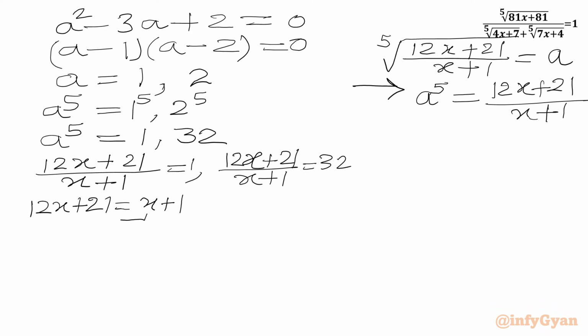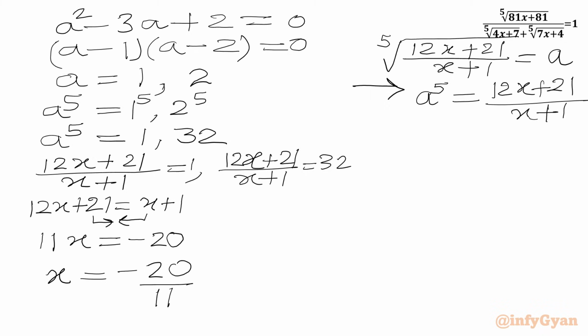Now we'll take this term to the LHS and 21 to the RHS. So 12x minus x is 11x, 1 minus 21 is minus 20. Now we have to divide by 11 both sides. We will get x equal to minus 20 over 11. Our first real solution.